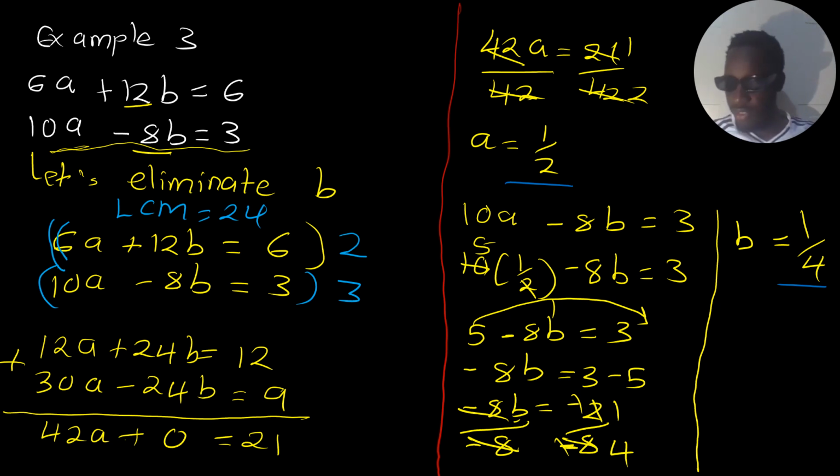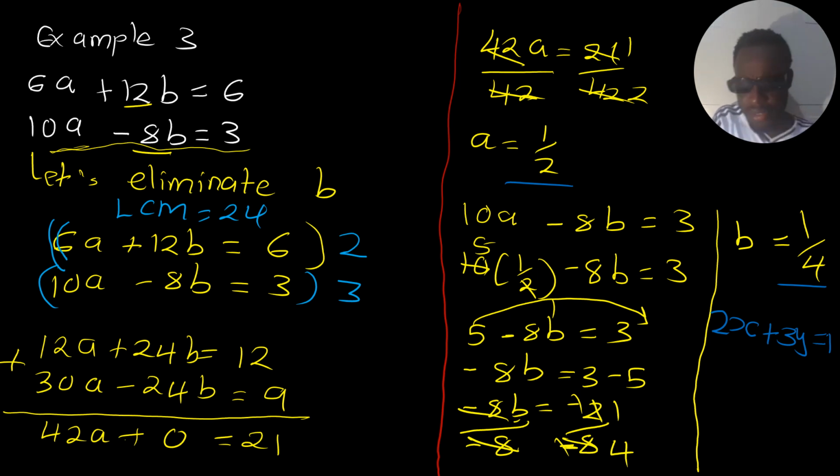So I'll give you one homework assignment that you'll do and take to your teacher. So try this one out. 2x plus 3y is equal to 16.